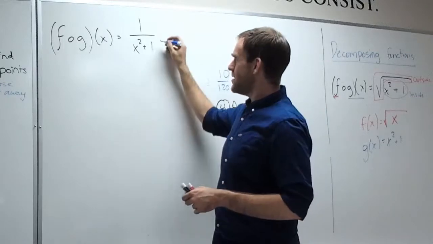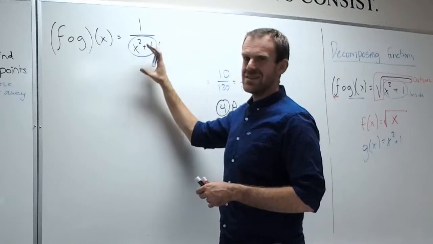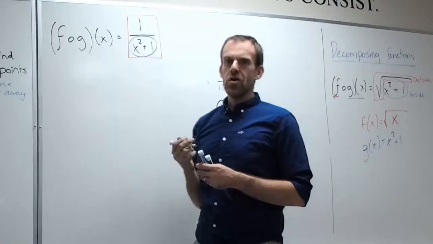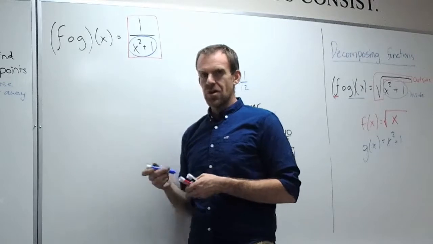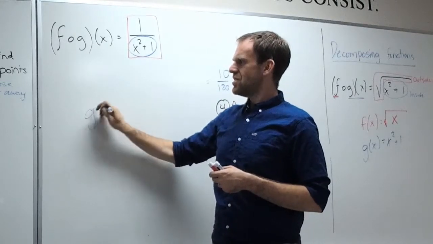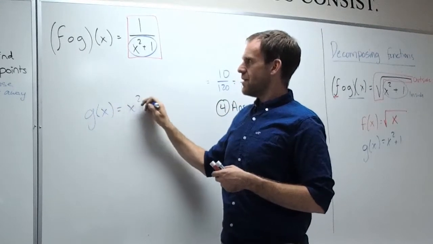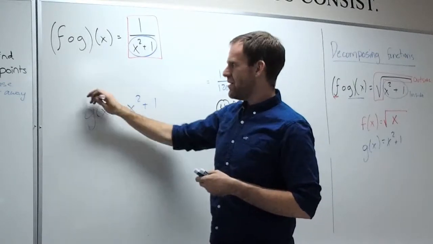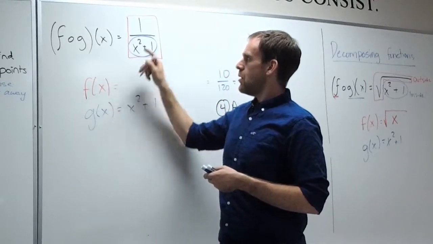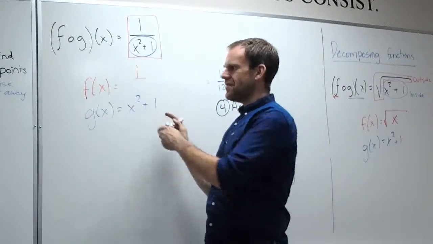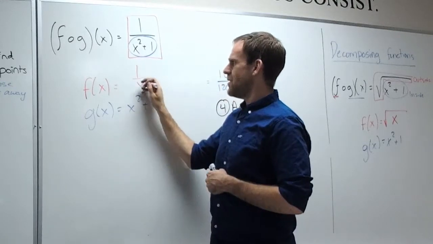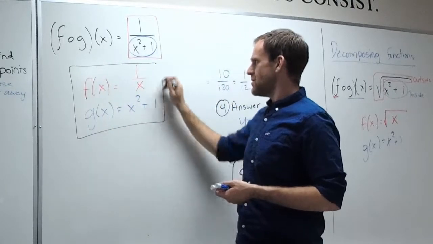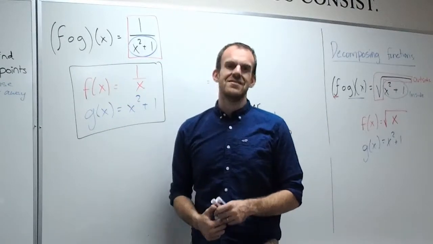Well, the inside function is x squared plus 1 because it's inside of the 1 over function. So my inside function is easy. G of x equals x squared plus 1. And the outside function is a little bit more challenging. It's 1 over x, where instead of the inside function, we replace it with x. Your answer for these decomposing functions problems is right there. And that is lesson 34.